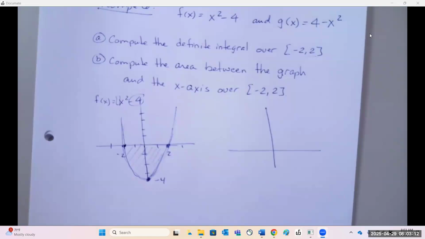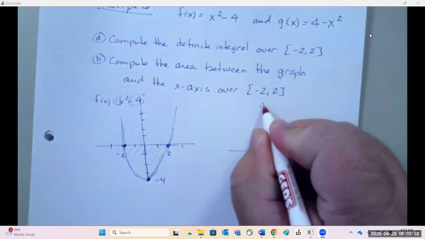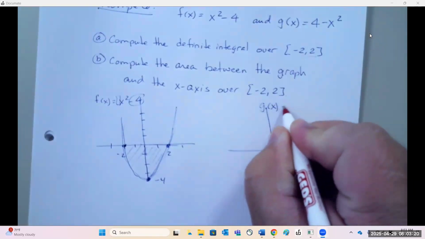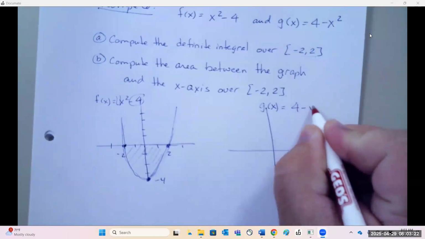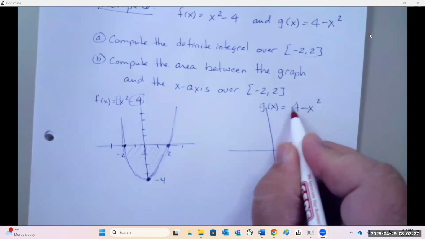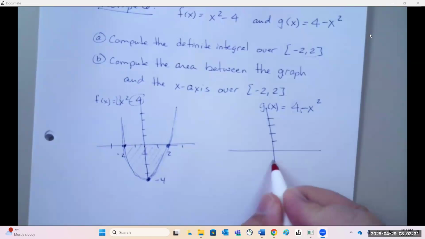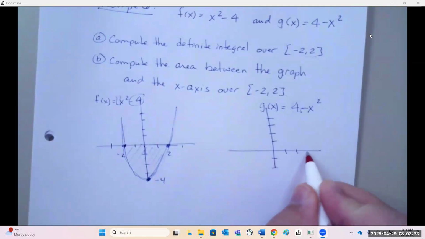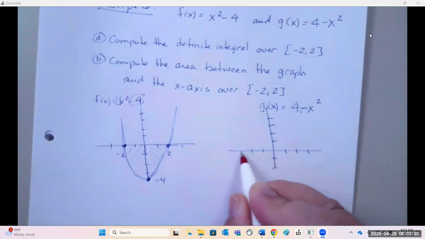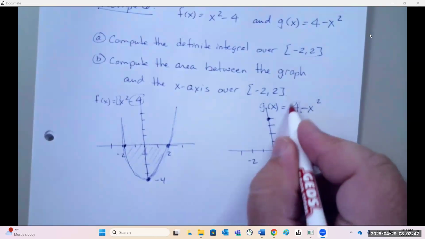So area is from the function to the x-axis. G of x opens downwards, and it's a vertical shift of 4 spaces up. So I know I have a y-intercept at 4.